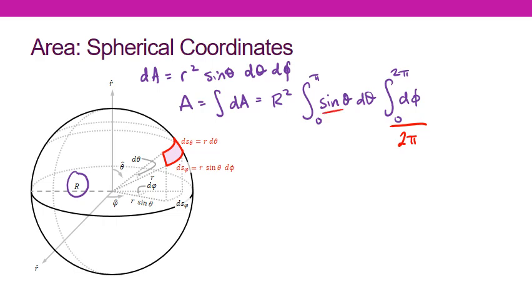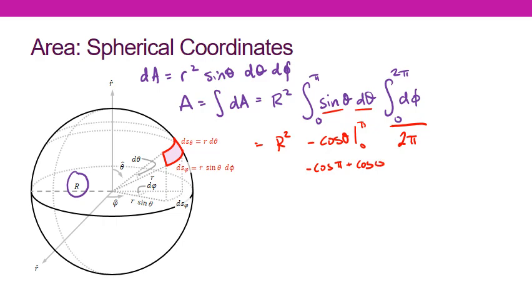The integral of sine theta d theta is going to be minus cosine of theta evaluated at its endpoints. And then I've got an r squared here. So when I multiply all these together, I'm going to get my answer. So I'm going to have minus the cosine of pi plus the cosine of 0.